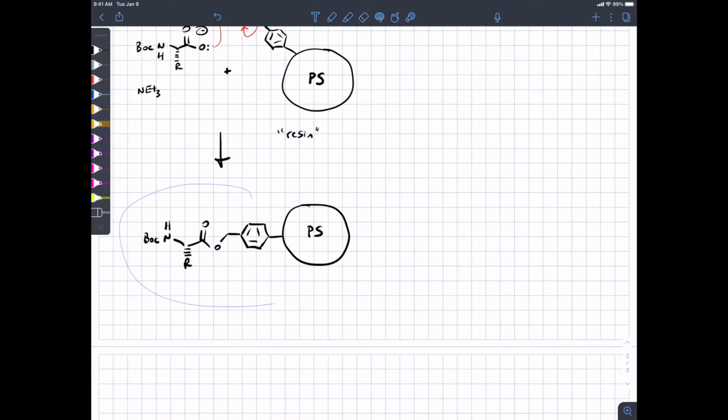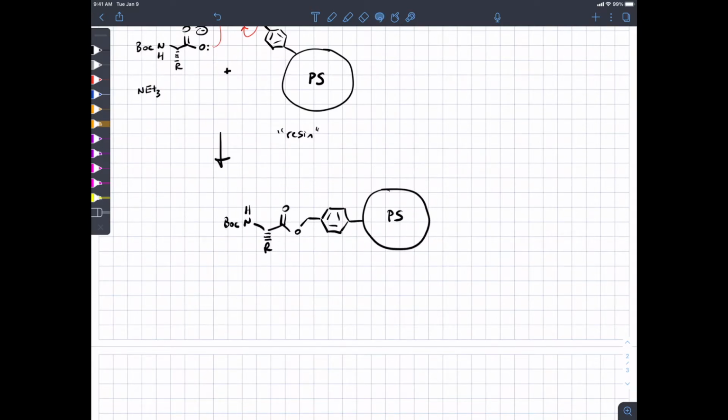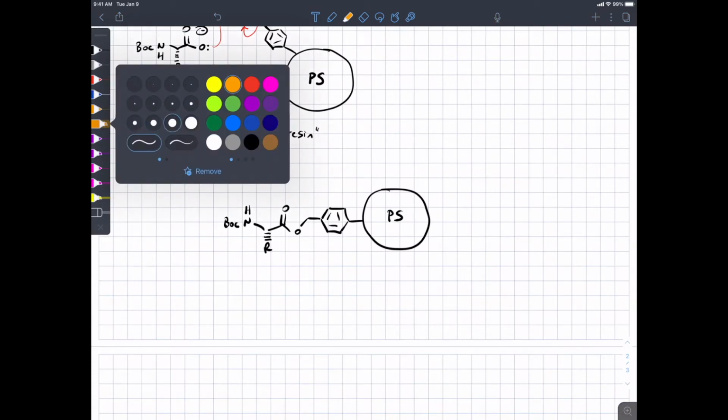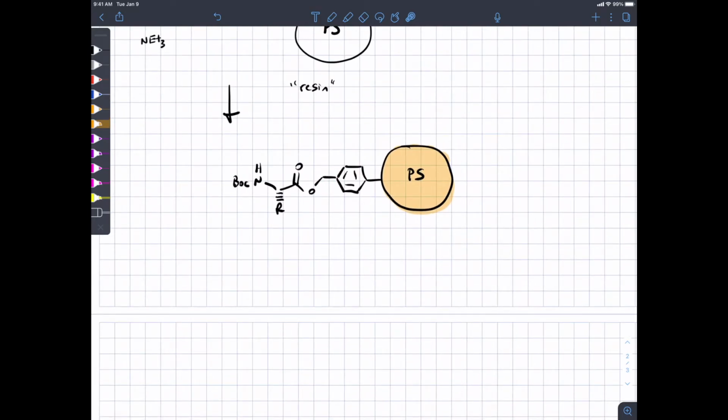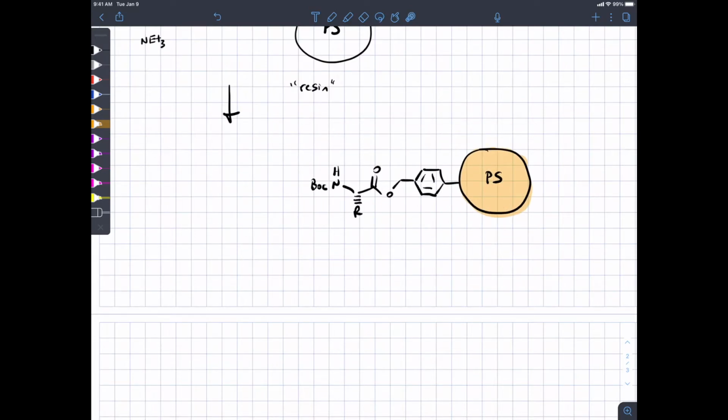But now let's talk about what you've got in the presence of this polystyrene bead that your amino acid is attached to. And remember that each of these polystyrene beads comes with tons and tons, thousands, millions, way more than millions of sites per polystyrene bead. Okay, so now you have an amino acid, but instead of being in solution, it's attached to this solid thing.